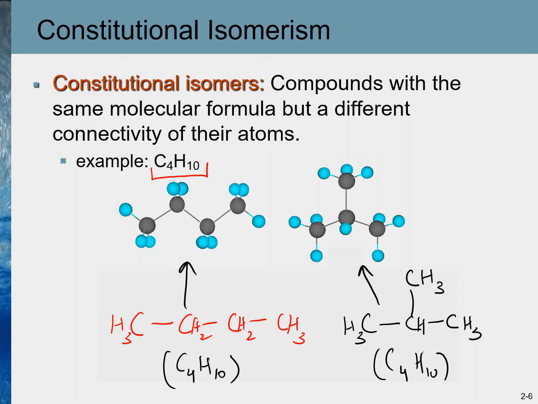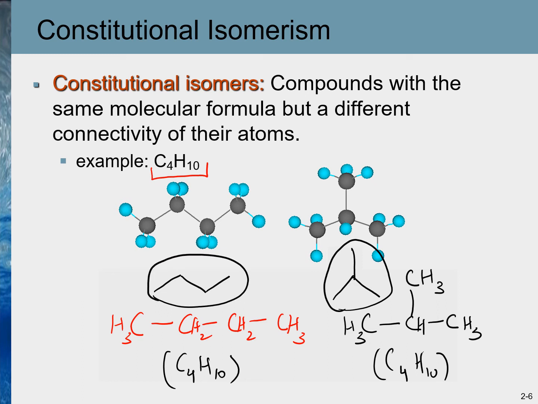Constitutional isomers can also be represented by the line angle formula. For example, in case of the first structure, the line angle formula will look like that, and in case of the second structure, the line angle formula will be written as this.